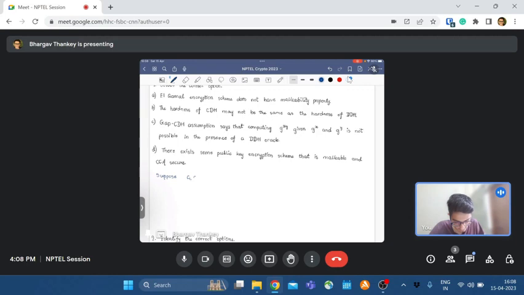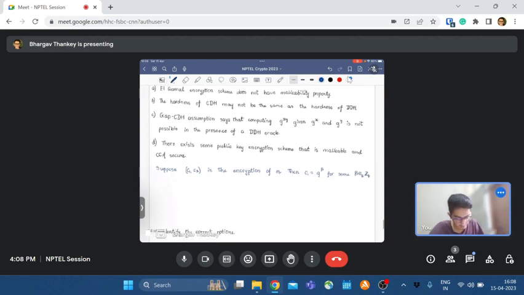Suppose C1, C2 is the encryption of M. Then C1 is equal to g to the beta for some beta picked uniformly at random from Z_q. Here I'm assuming that the cyclic group has order q.